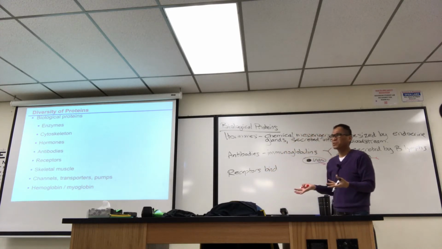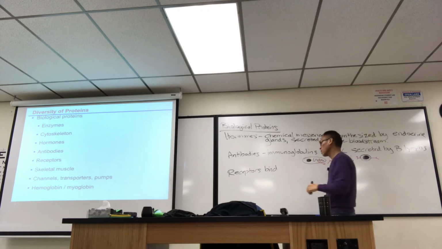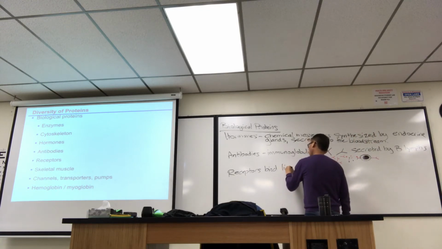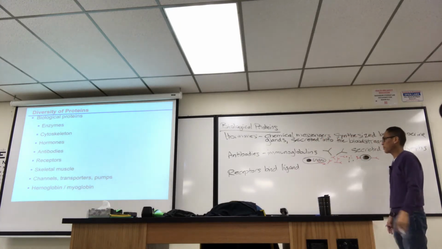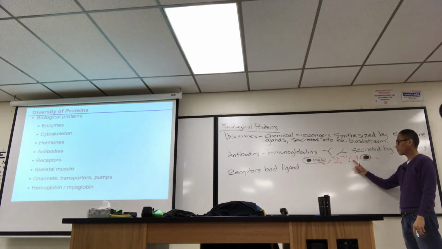Sometimes textbooks will use the term ligand. It's just something that binds the receptor. Like this bug bound the antibody receptor. So in this example, the antibody is the receptor, and the little red bug is the ligand.